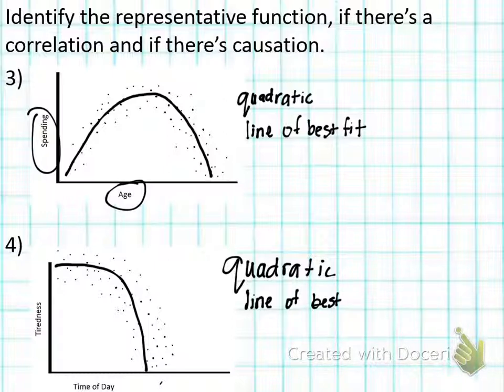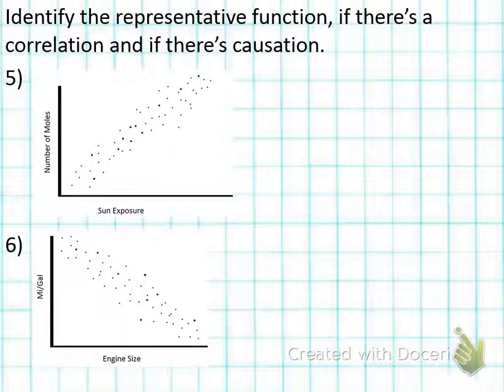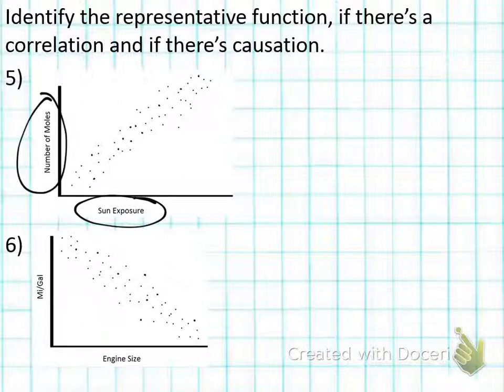Okay, next one. Okay, why don't you do number 5 by yourself? This one is, I took a survey. I wanted to compare how long people are in the sun to the number of moles they had, okay? So, let's say I was a scientist, a medical student, and I had patients as a practice, and I asked, hey, how long are you in the sun usually most days?